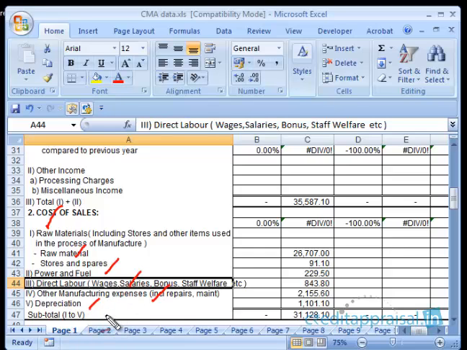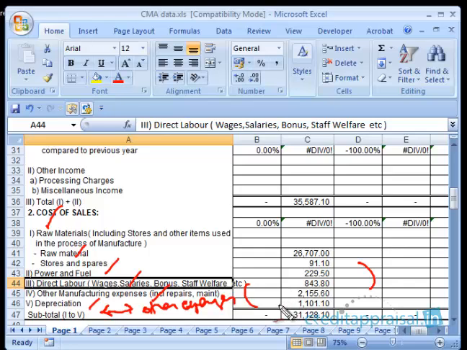Sometimes if you want to have an additional row, you can add it. Sometimes companies add an additional row called other expenses, if they really want to highlight some particular item. Other manufacturing expenses actually takes care of all the remaining expenses, but you may want to specially highlight a particular expense which is peculiar to this company, because bankers might be asking what is the breakup of this other manufacturing expense, why is this so high.